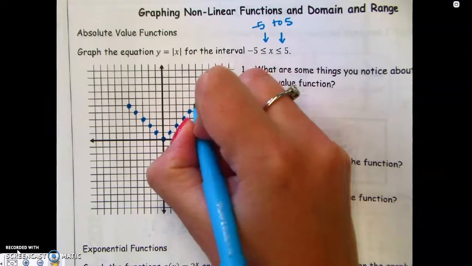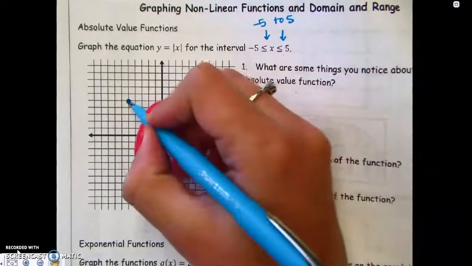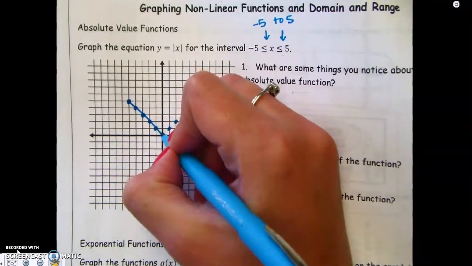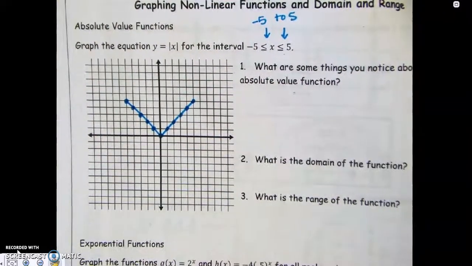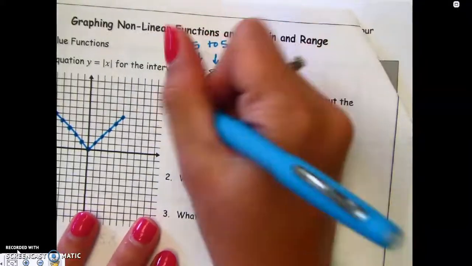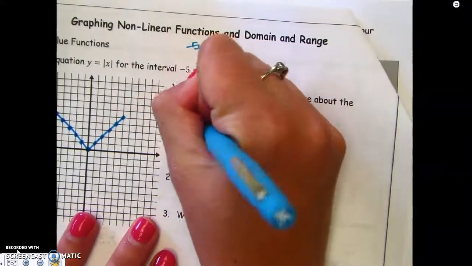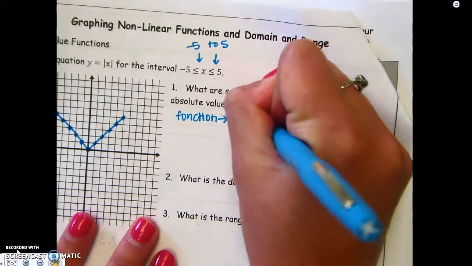Because it only wants me to go to 5, this is what's called a restricted interval. I'm not going to put arrows on the end of it because it doesn't want me to graph the whole thing. Okay. So what are some things you notice about the absolute value function? Well, it is a function, right? It passes the VLT, vertical line test.